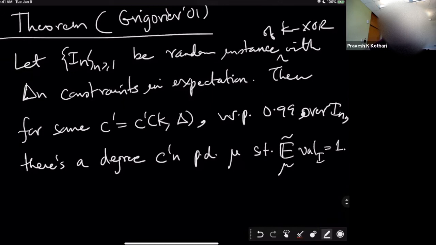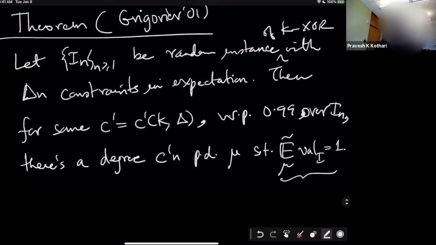Then this is saying that there is some fixed constant that depends on maybe K and delta, but not n, such that with probability 0.99 over the draw of the instance I_n, there is a degree C prime n pseudo distribution. So when C prime is a constant, C prime n is omega n. So there is an omega n degree pseudo distribution mu that thinks that all the constraints of val I are satisfiable.